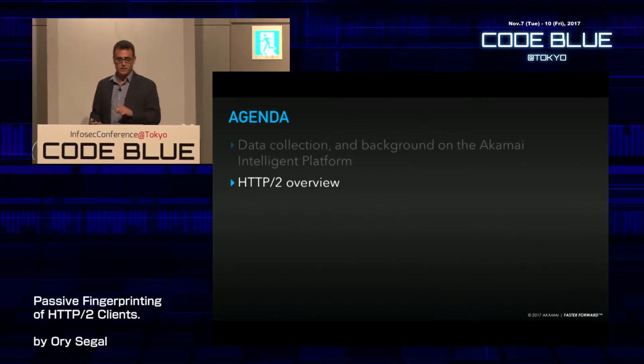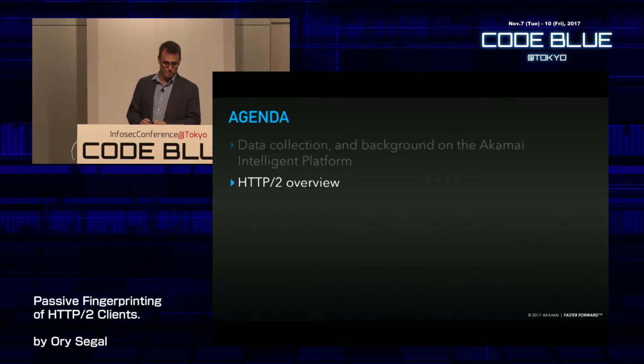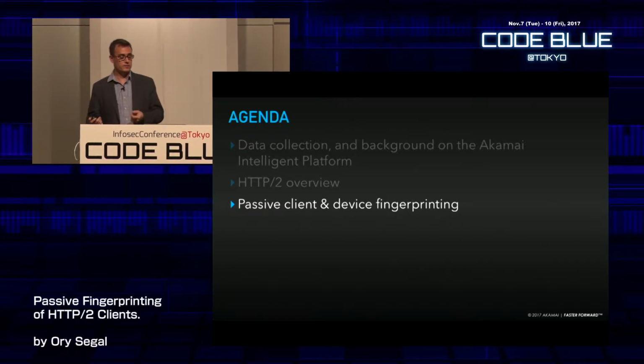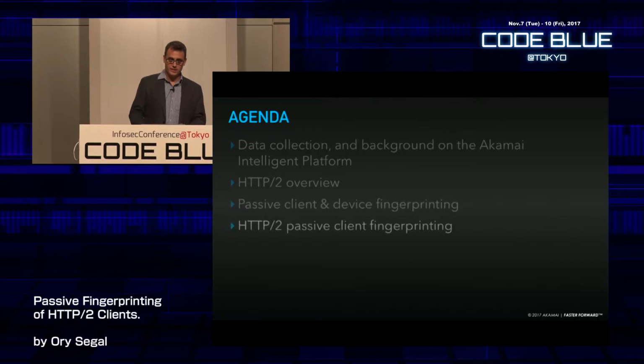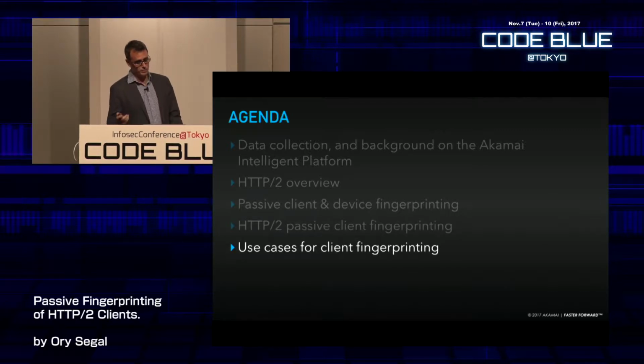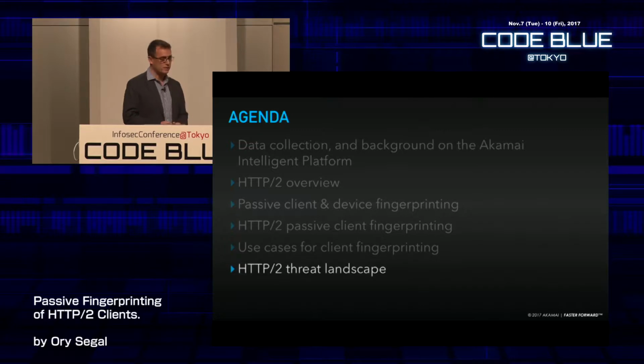That will take us through most of the presentation. Then we'll talk about passive client fingerprinting, what it is, why people use it, and how we do that today. And then we'll talk about how to do passive fingerprinting using HTTP/2 client attributes and features. We'll talk about the use cases for this fingerprinting, and then we'll wrap up with a quick overview of the threat landscape.